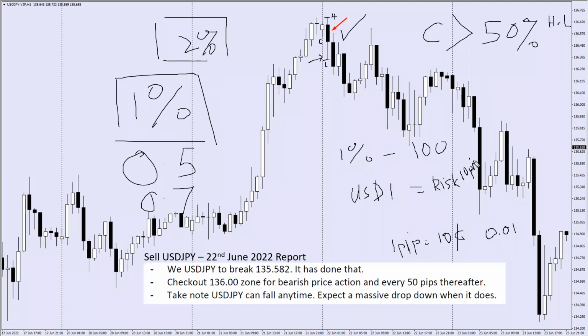So to risk 1%, you just enter 0.01, because the moment it takes out that 10 pips, you just lose $1. That's how you calculate that risk. So always equate the pip size, how many pips, to the risk. So use that calculator.